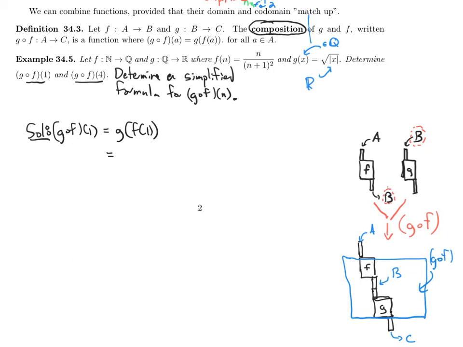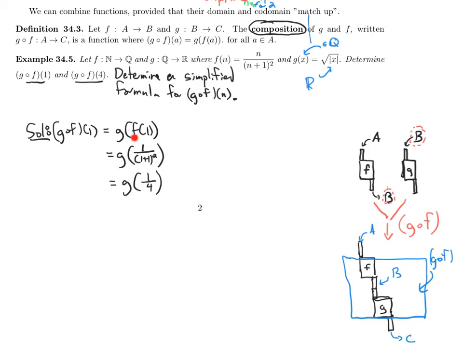We have a formula here. It's n over (n plus 1) squared. So this is going to be G of 1 over (1 plus 1) squared. And we can simplify this. This is G of, well, 1 over (1 plus 1) squared is 1 over 2 squared, which is 1 over 4.